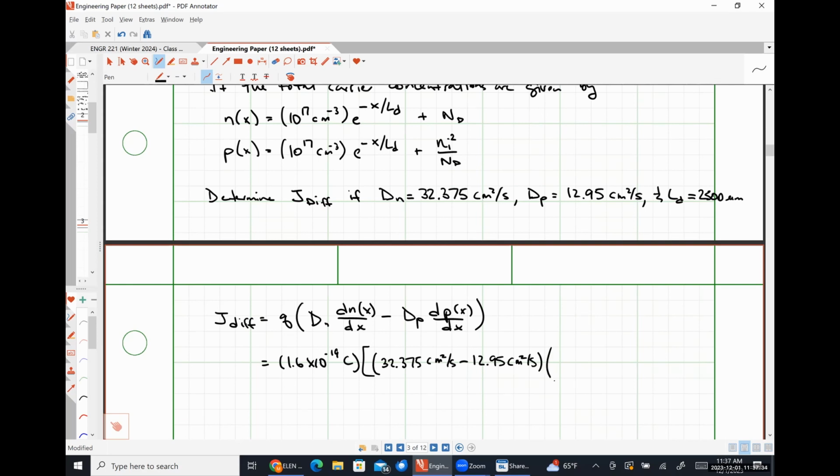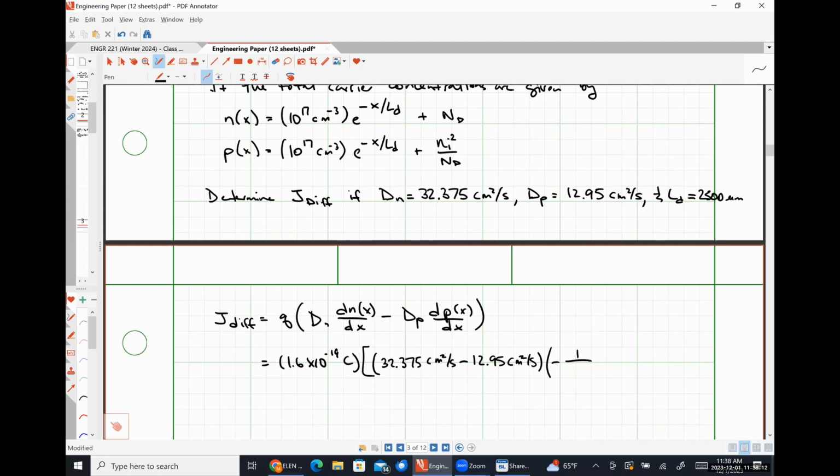Now I'm going to take the derivative of that thing. So I'm taking the derivative of 10 to the 17 per cubic centimeter e to the negative x over LD. When taking the derivative of an exponential function, I just bring alpha out. In this case, alpha is negative 1 over LD. So negative 1 over 2,500 microns.